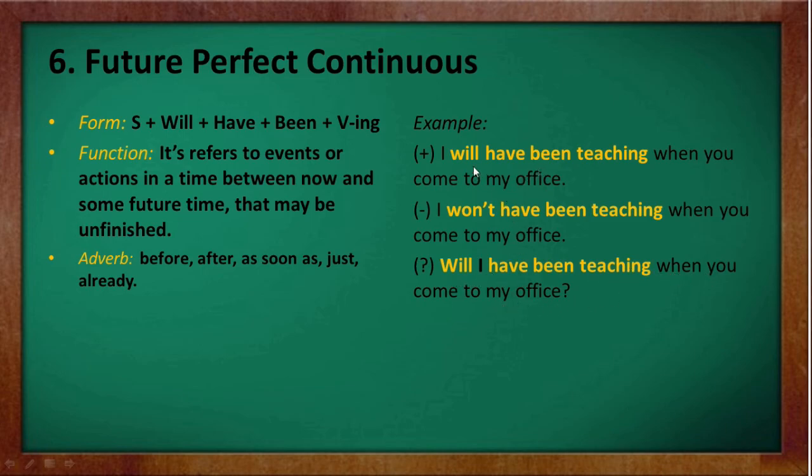So we predict I am still teaching when you come to my office. Okay, that's our prediction about the event. And another example is I will have been waiting here for 3 hours by 6 o'clock.